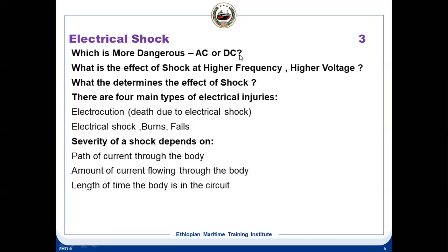The inductive reactance is 2 pi FL, which at 50 hertz will be, let's say, around 33.63 or roughly about that. But at 60 hertz, this inductive reactance is going to be much higher than at 50 hertz.